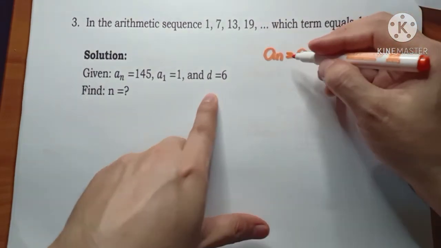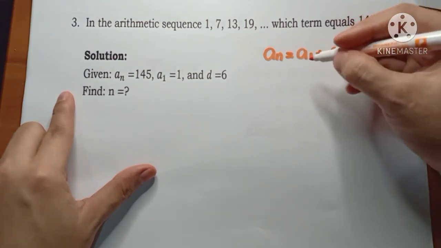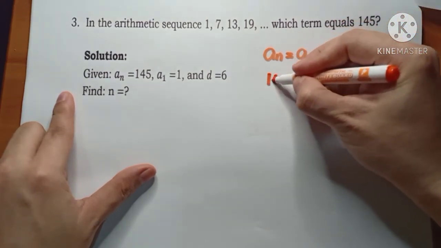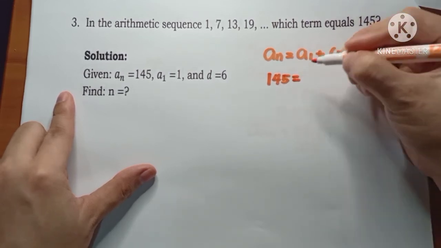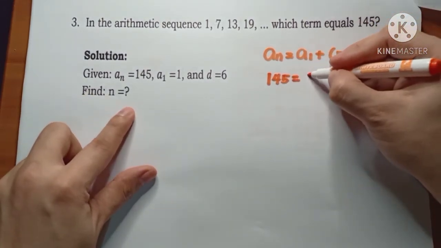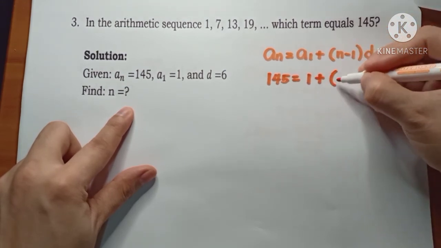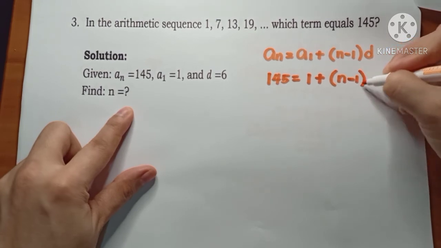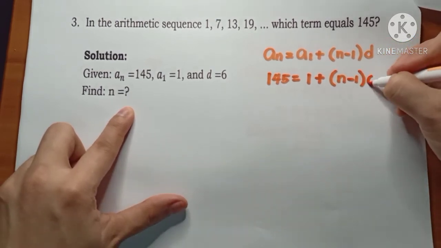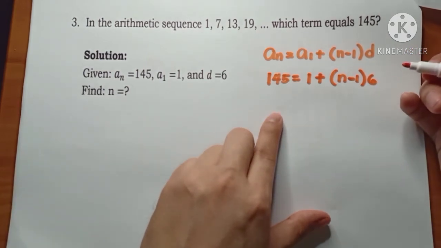So makuha natin yung 6 para makuha ang common difference. So now, i-substitute lang natin lahat ng given sa formula. So this is 145 is equal to, ang ating first term ay 1 plus n, kasi yan ang ating hinahanap, minus 1 times 6. So now, anong sunod na gagawin natin?